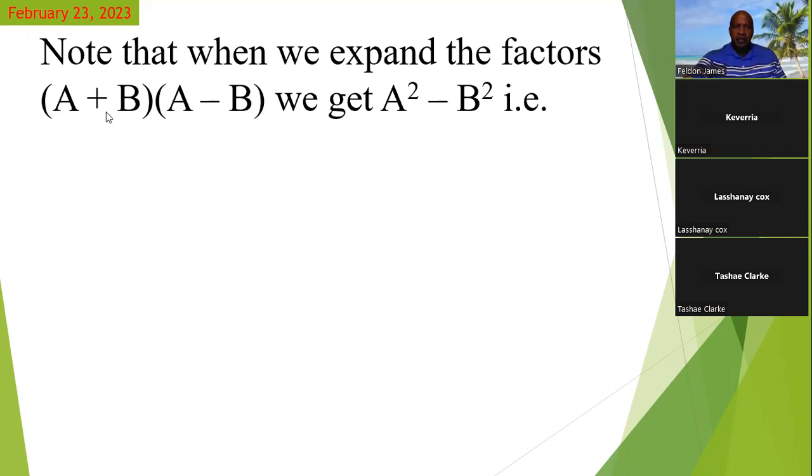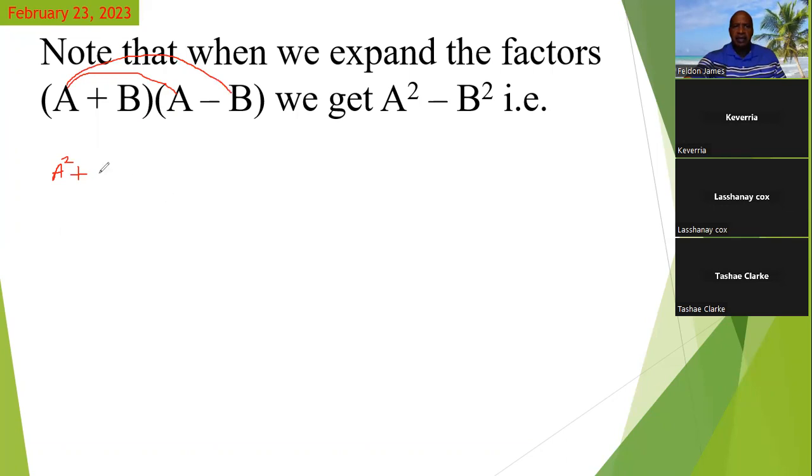Now, when we combine these two factors and multiply them out, a times a, we get a squared. And then what would be the next one? A times what? Come on, guys.